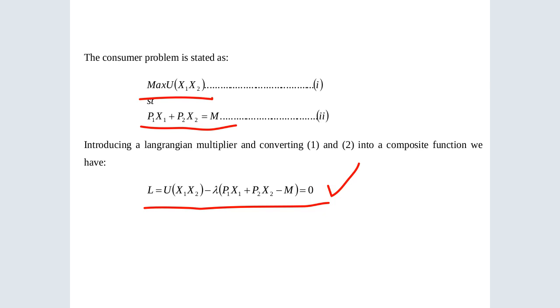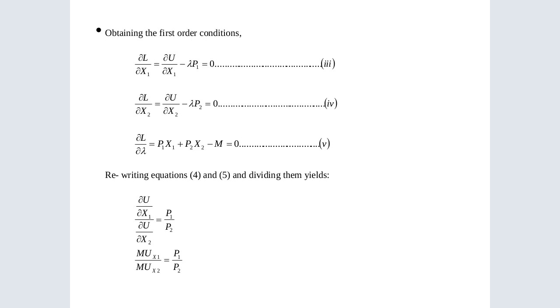Now, this function we have here, we can now use the first order condition. The first order condition, we simply take the derivative with respect to each commodity.